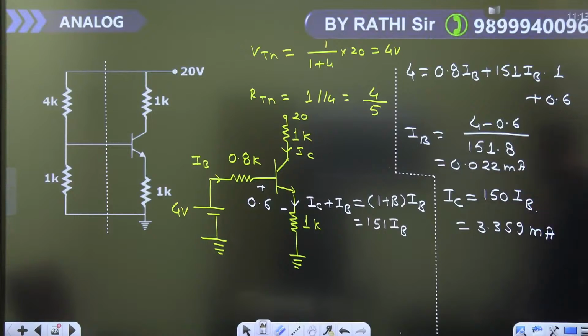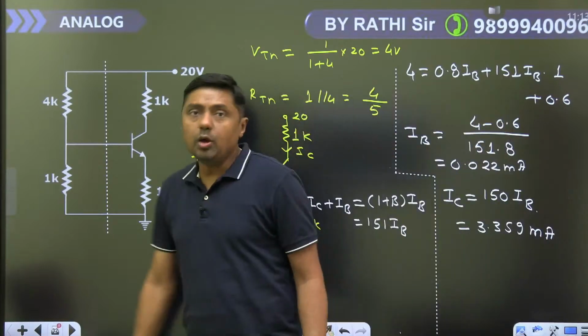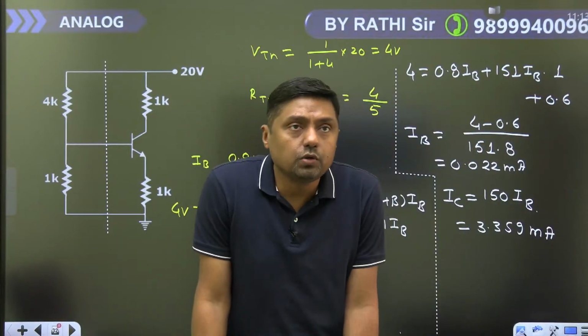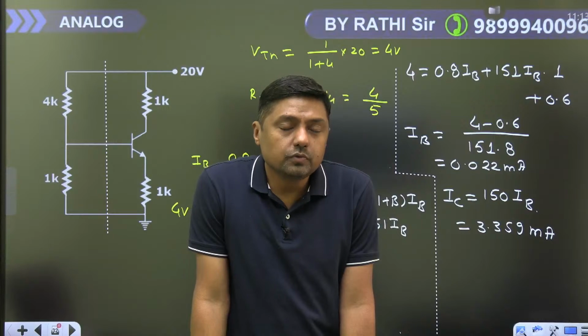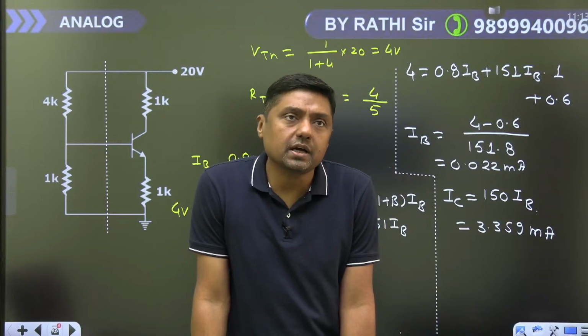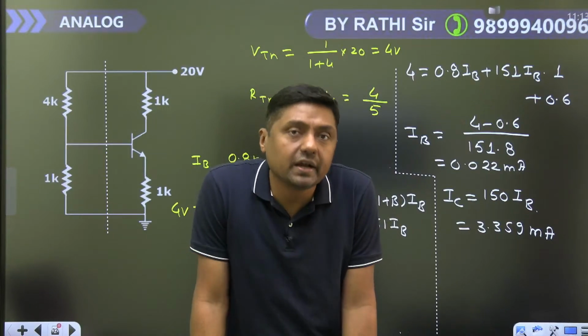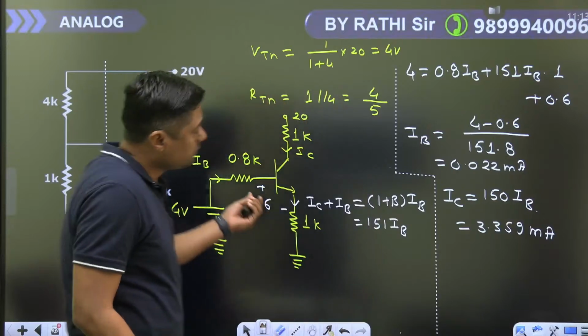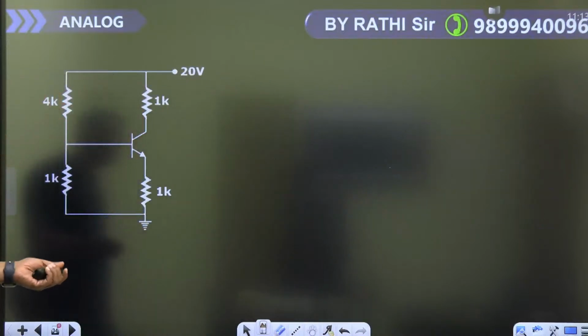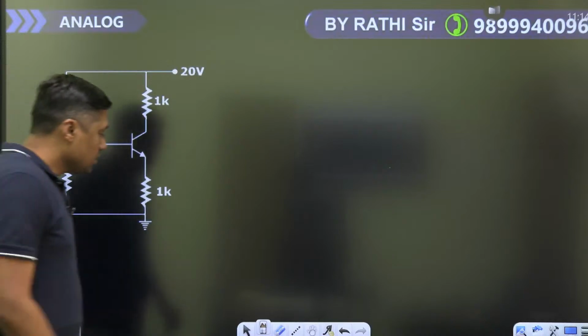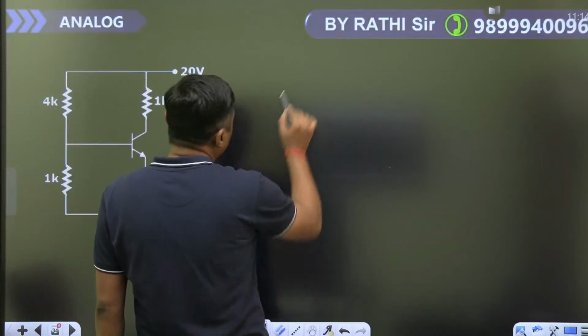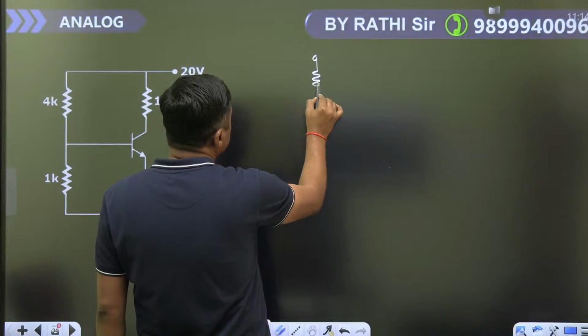Then whenever beta is very large, guys, if the beta is very large, normally what we do in the GATE exam, for an approximate answer, you can neglect the base current. Just neglecting the base current, then what will be the answer?